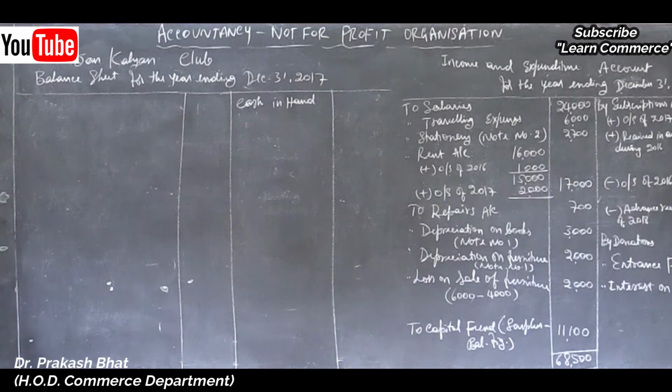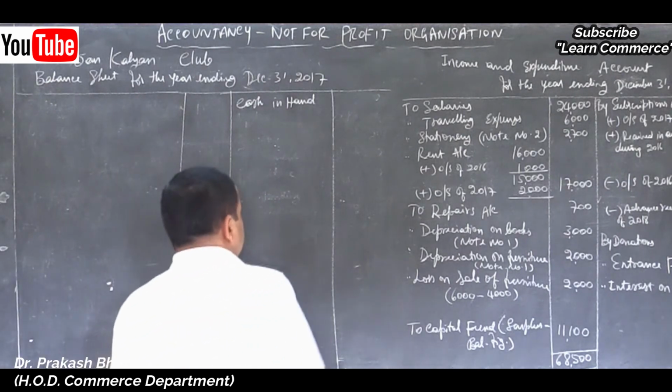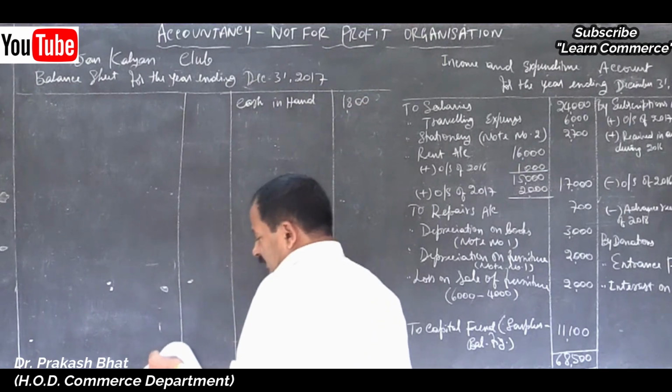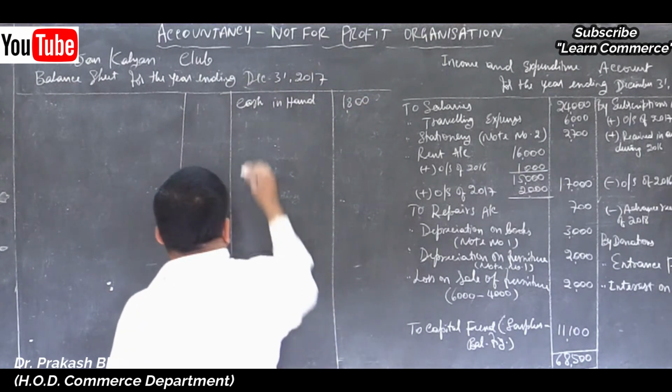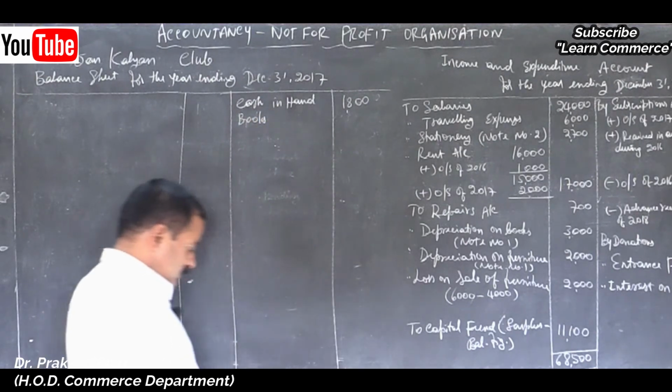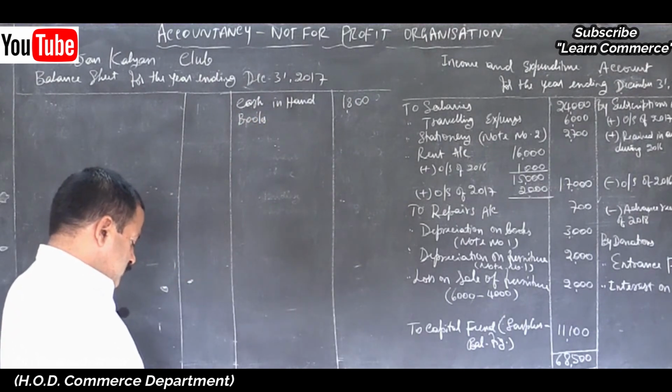Let us start. Cash in hand, that is 1,800. Closing cash balance it is. Then books. Books 13,500.